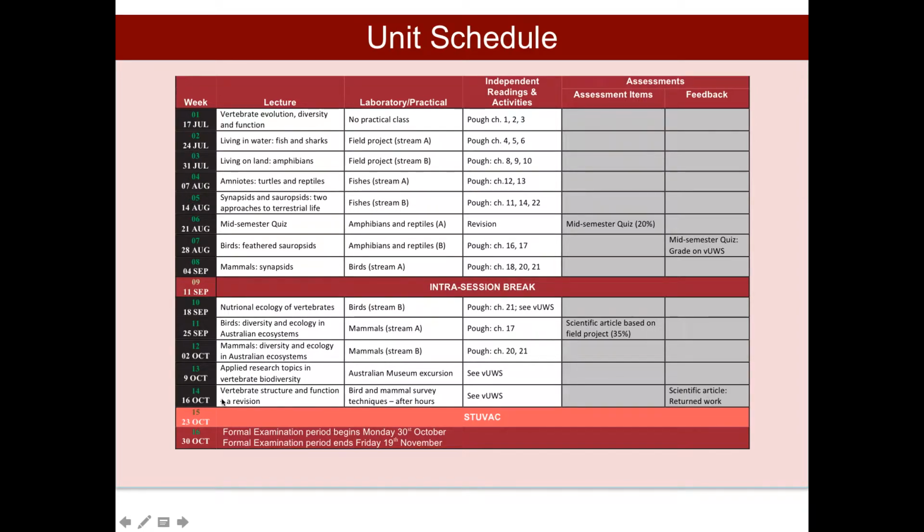And also during the last week, hopefully, there'll be an opportunity to conduct some trapping and some spotlighting. If you want to come along, it'll be a voluntary thing. You can come along and see some of our local small mammals and bats and possums and birds in the field. We can get that organised.